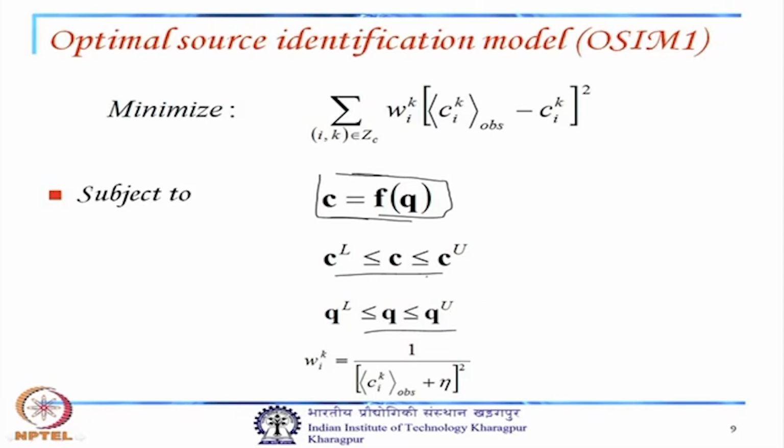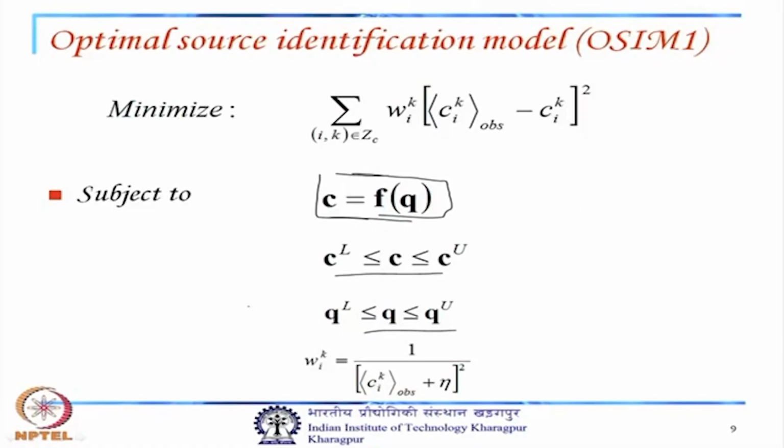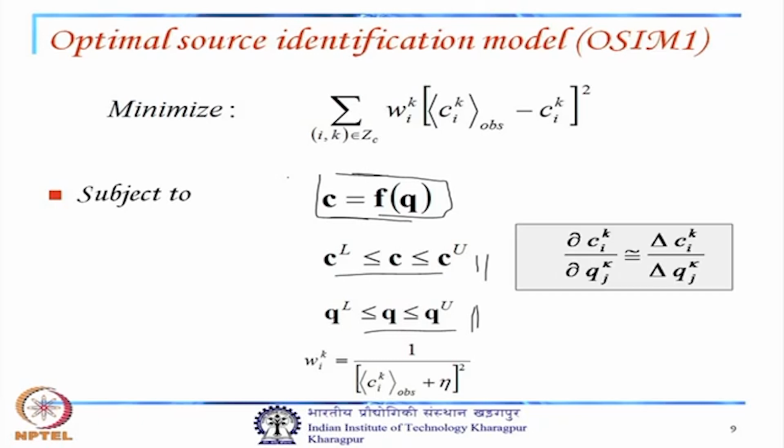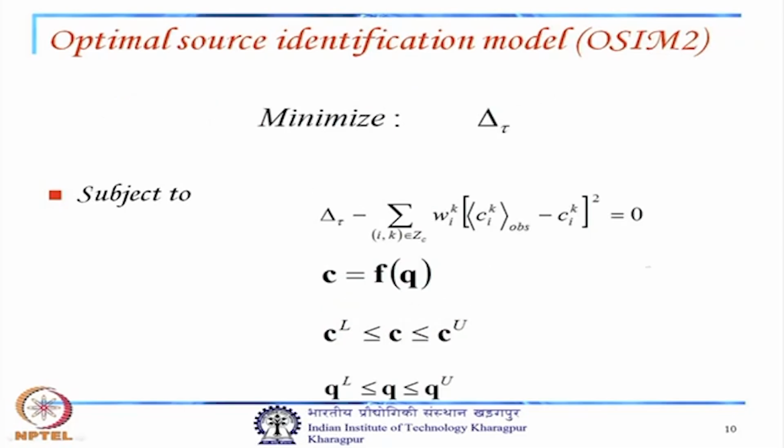Let us say that there will be some kind of physical limit for the injection rate that is maintained with this particular constraint, and there is some physical limit for concentration that is maintained with this particular constraint. And this is one typical component of our Jacobian matrix that is being calculated based on a finite difference approach.